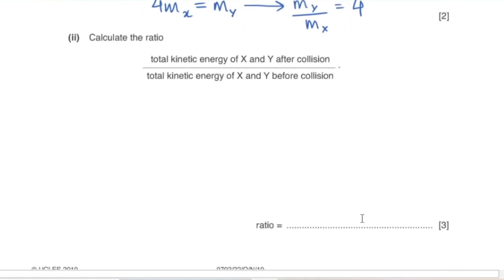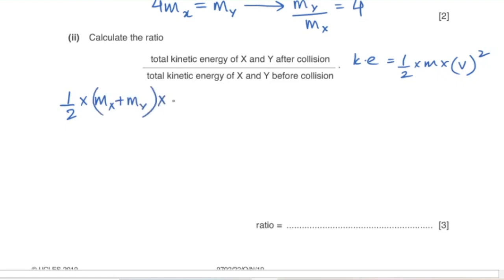Part 2, calculate the ratio total kinetic energy of x and y after collision divided by total kinetic energy of x and y before collision. So kinetic energy is equals to half into mass into speed square. Total kinetic energy of x and y after collision will be half into mass of both x and y, let's bracket them, into their final speed, which is v square, and total kinetic energy of x and y before collision.